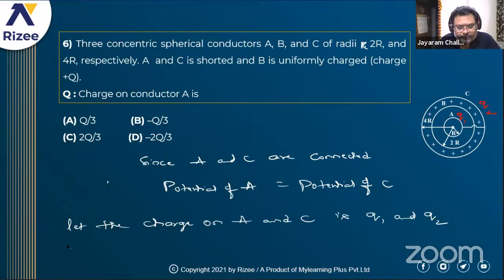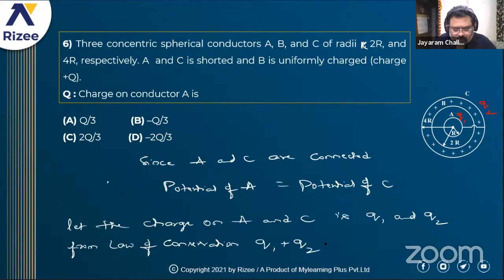But from the law of conservation of charge, the total charge initially on A and C is zero. So the final charge should also be zero, which implies Q1 is equal to minus Q2. This is the relation we have got between Q1 and Q2.